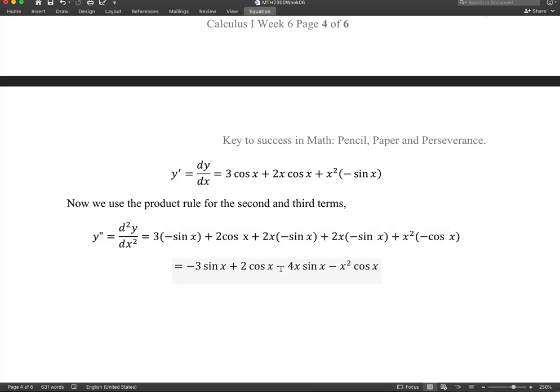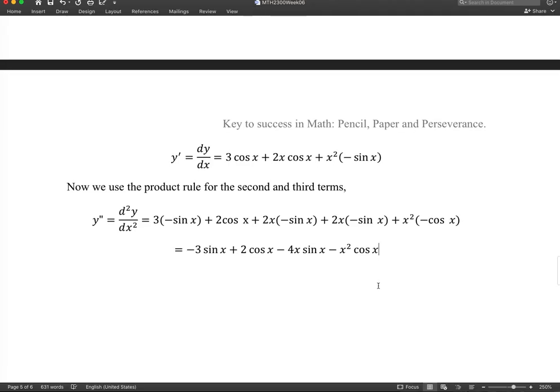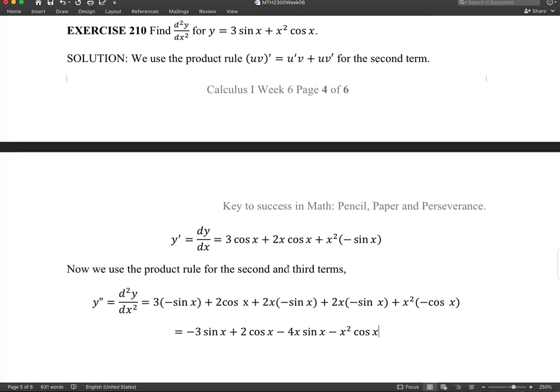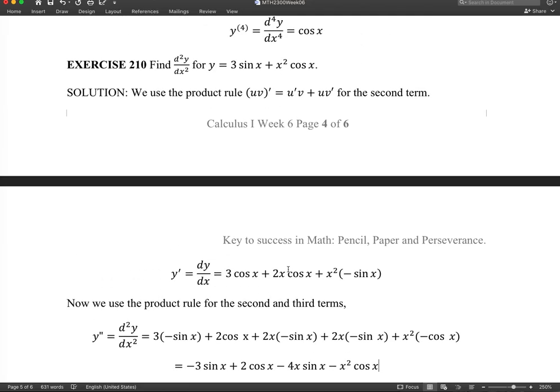So I combined them into a single one, negative 4x sine x. The last term is negative x squared times cosine x. So mostly I should be fine, and at least for now, I think I should be fine. If you see anything wrong or anything not right, do let me know.